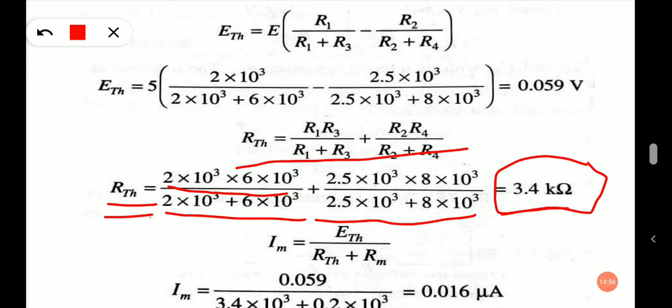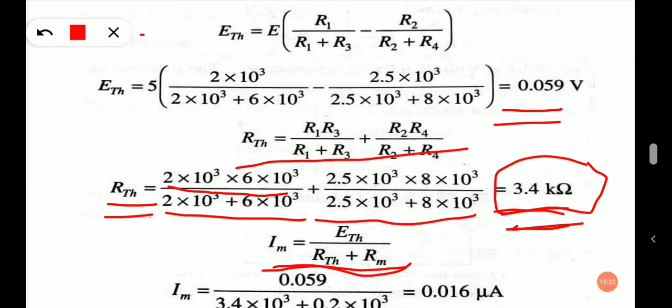Now the current flowing through the detector can be obtained as Im equals ETH upon RTH plus RM. So now we have calculated ETH as 0.059 volt and RTH as 3.4 kilo ohm.